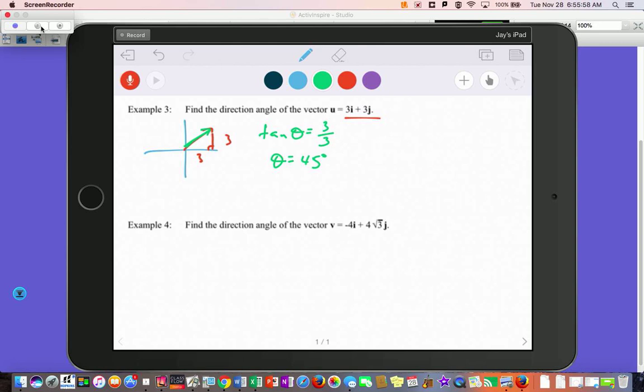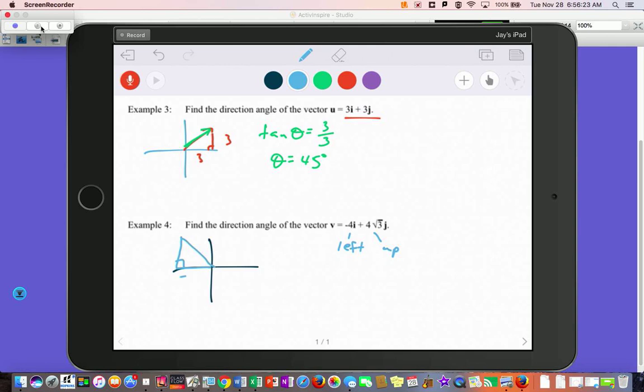Same thing down here. Now this one is a little bit different, so we're going left. And we're going to go to the left and up.